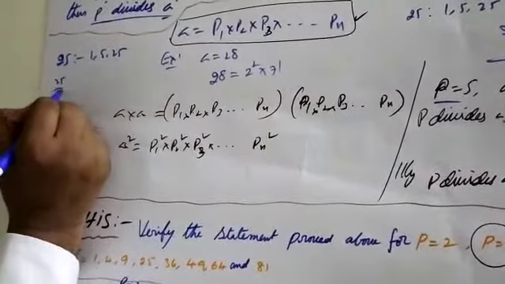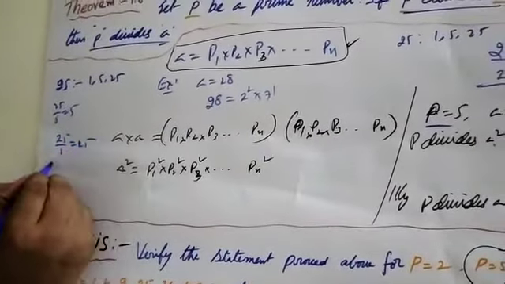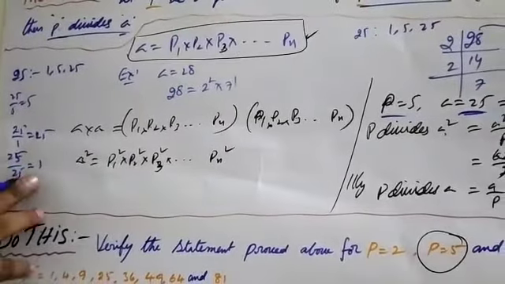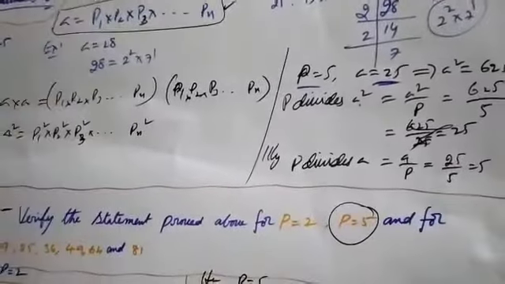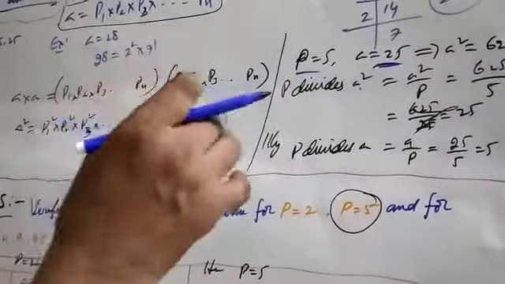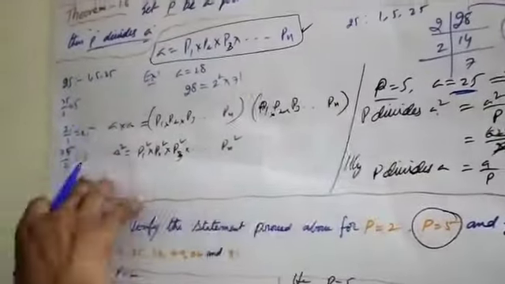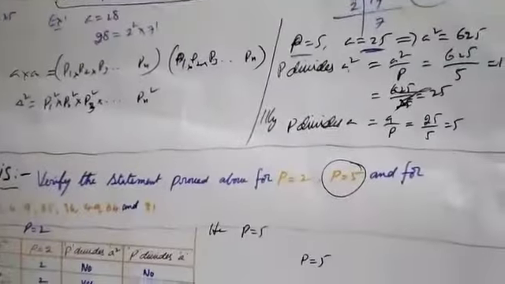Therefore, 25 by 5 is 5, 25 by 1 is 25, 25 by 25 is 1. These are the prime factors of a², and one of them is p. p means prime number. Let's go to the next topic.